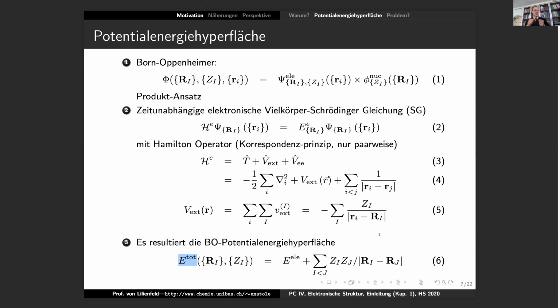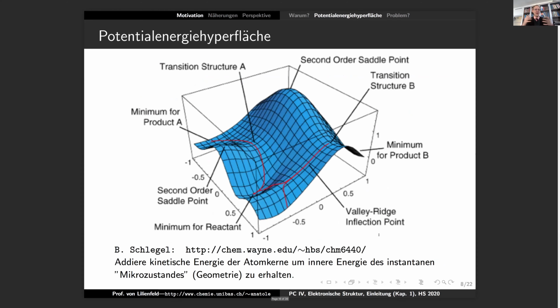So it's not just 2D. In principle, it's as many dimensions as you have atomic degrees of freedom. Typically, for any given system with a fixed composition, a fixed stoichiometry, you would have 3N minus 6 degrees of freedom, just like in the vibrational spectroscopy problem, which you've already discussed in PC3. So as a function of these degrees of freedom, you can plot out the total potential energy. And because there's more than 3 degrees of freedom, typically we call it the hypersurface.